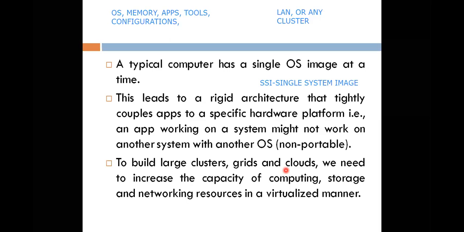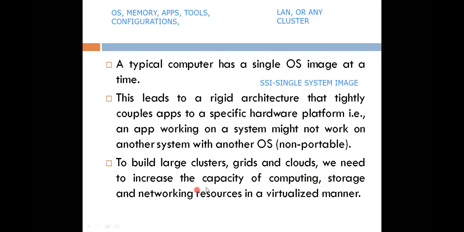So to build your clusters or clouds or any environment, we need to make your computing resources, meaning your servers, desktops, and the infrastructures you specified under computing and storage, virtualized.